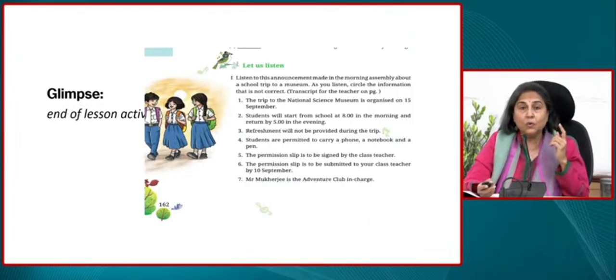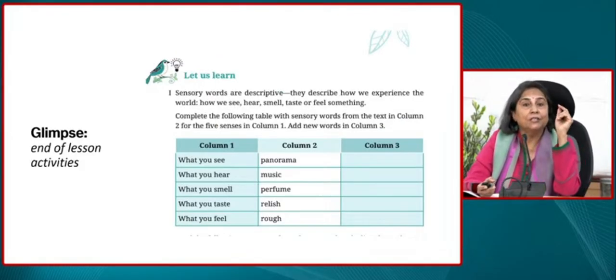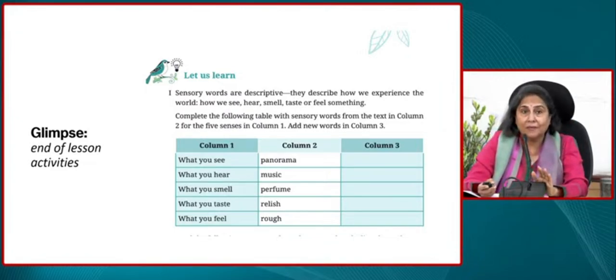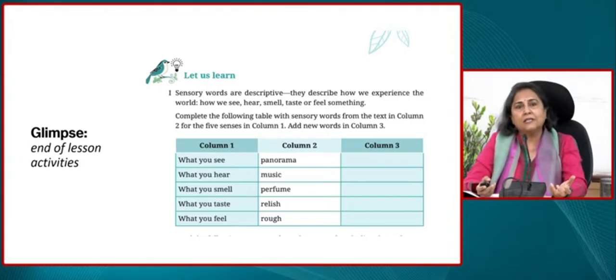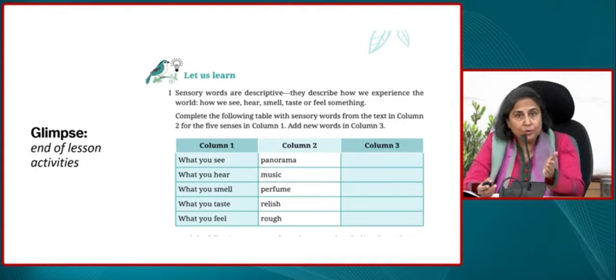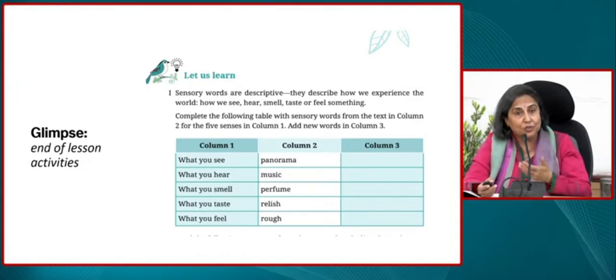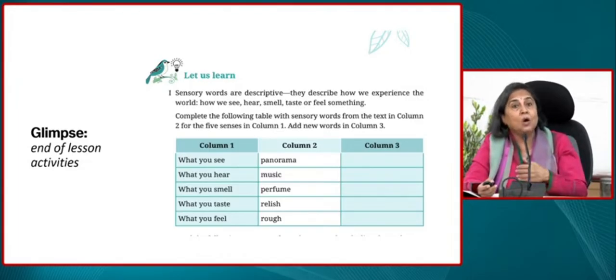And of course, let us learn also has a grammar component in this. So grammar activities have also been taken in context. Suppose there is a lot of past tense that is used in this particular text. So we will use that text as an example and tell them where this particular tense is used and how it is used.